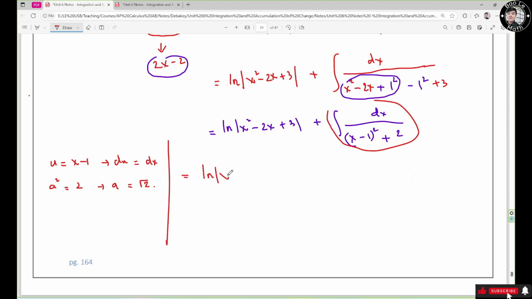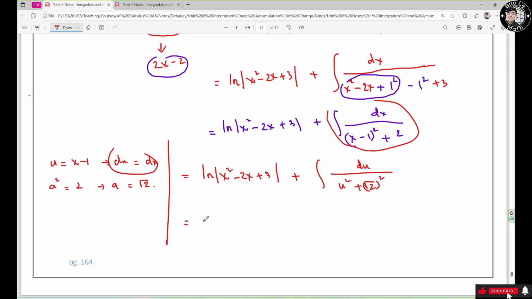So this guy turns out to be natural log of absolute value of s squared minus 2s plus 3 plus, since ds equals du, it becomes antiderivative of du over u squared plus square root of 2 altogether squared.